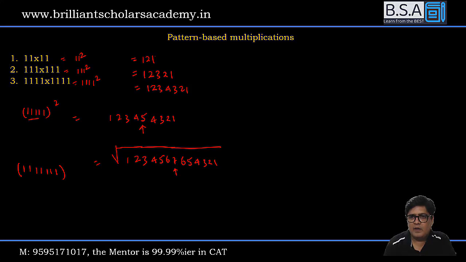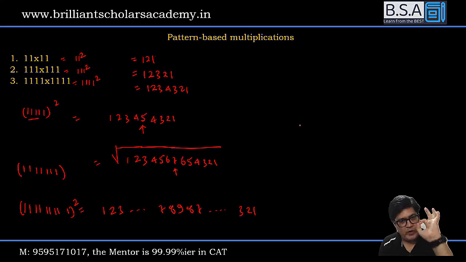All right. So this method comes with a limitation, and that limitation is it can go up to 9. 111111111, up to 9 it can go. 1, 2, 3, 7, 8, 9, 8, 7, 3, 2, 1.